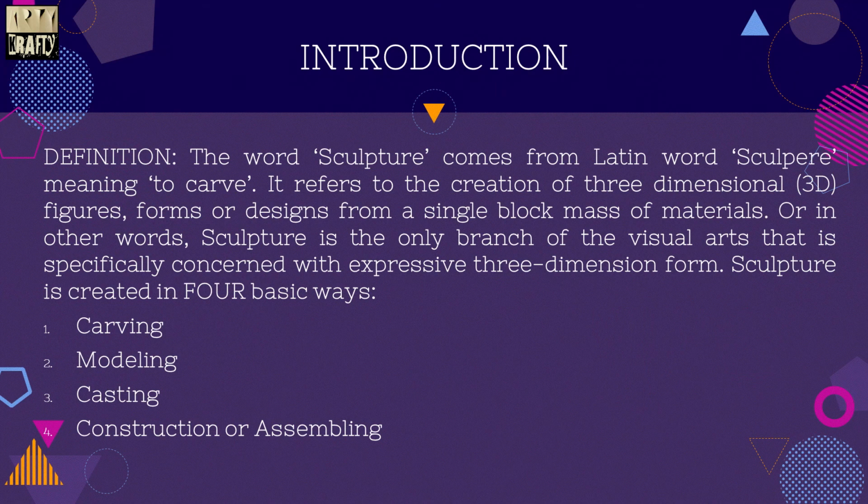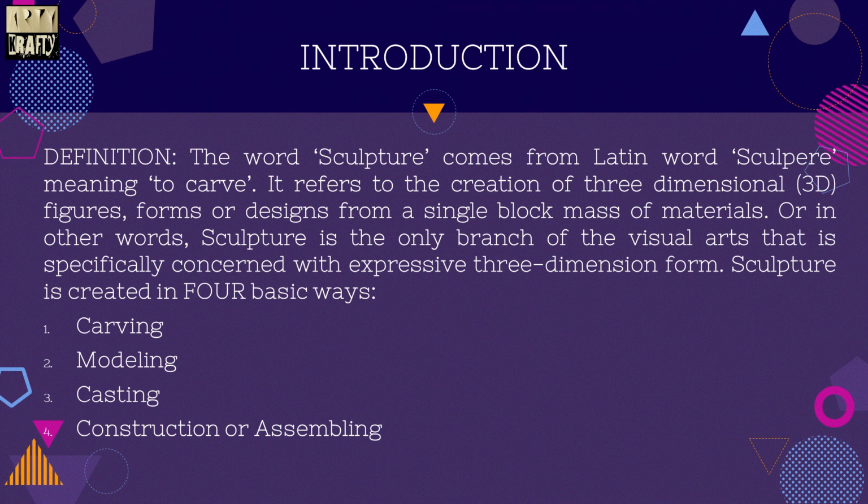The word sculpture comes from the Latin word sculpere, meaning to carve. It refers to the creation of three-dimensional figures, forms or designs from a single block mass of materials.